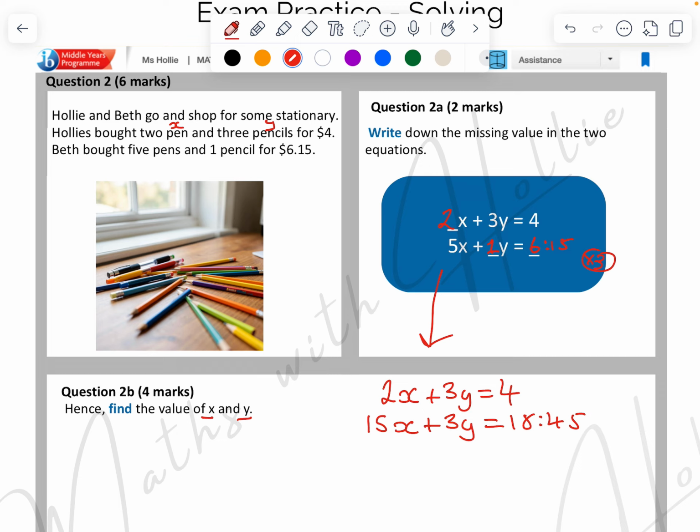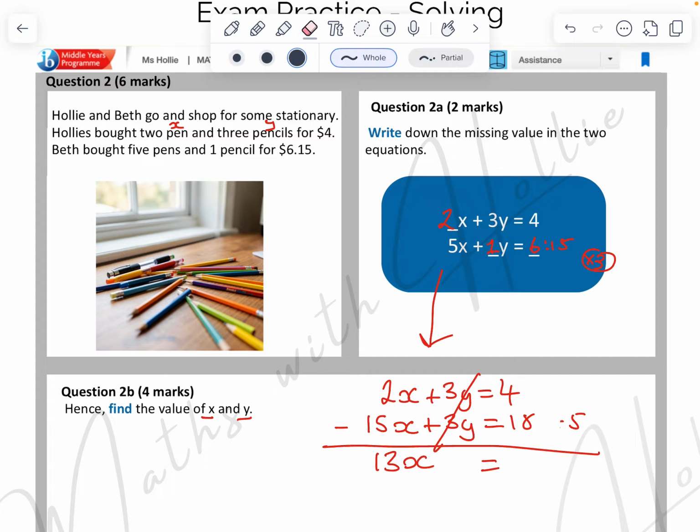Now that we have the y's the same, I'm going to subtract the two equations. So 15x subtract 2x is 13x. 3y minus 3y would be 0, so they cancel out. And then 18.45 minus 4 is going to be 14.45.